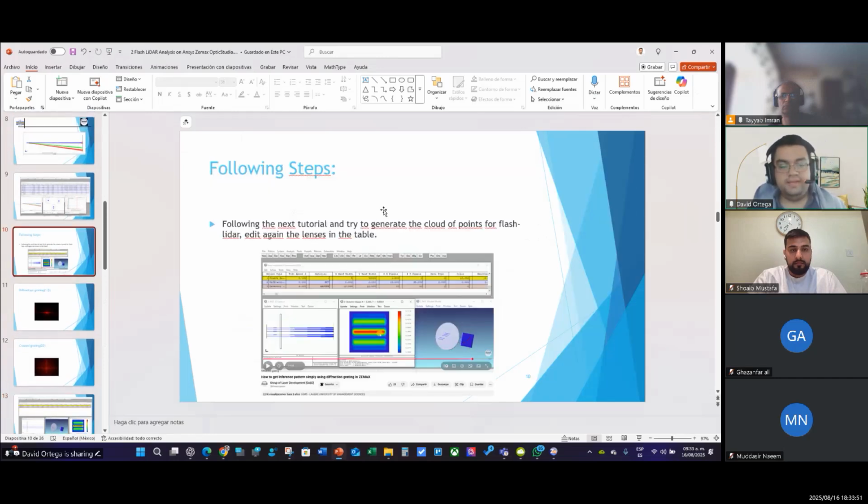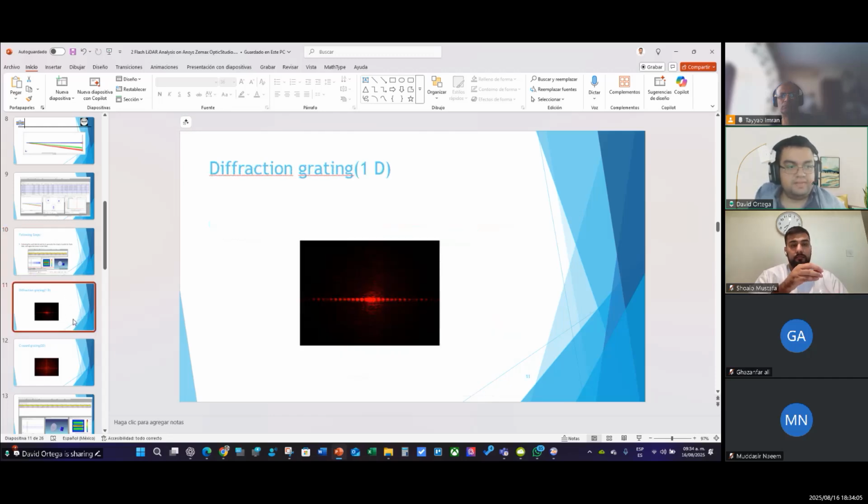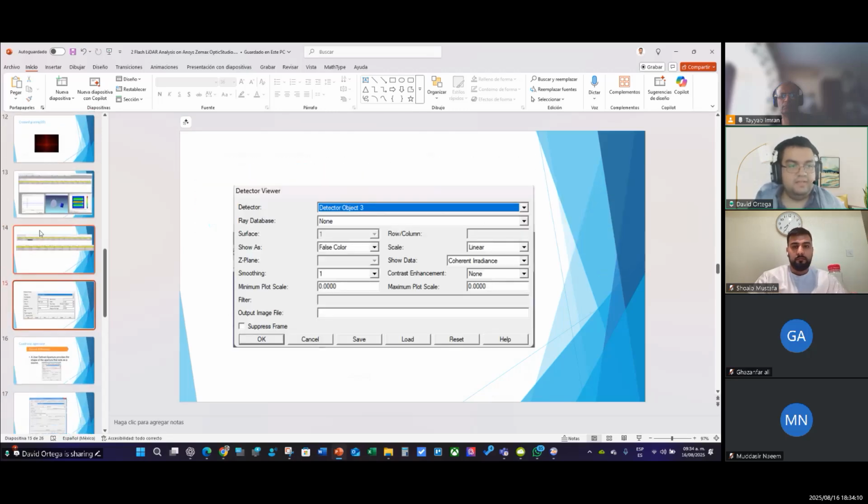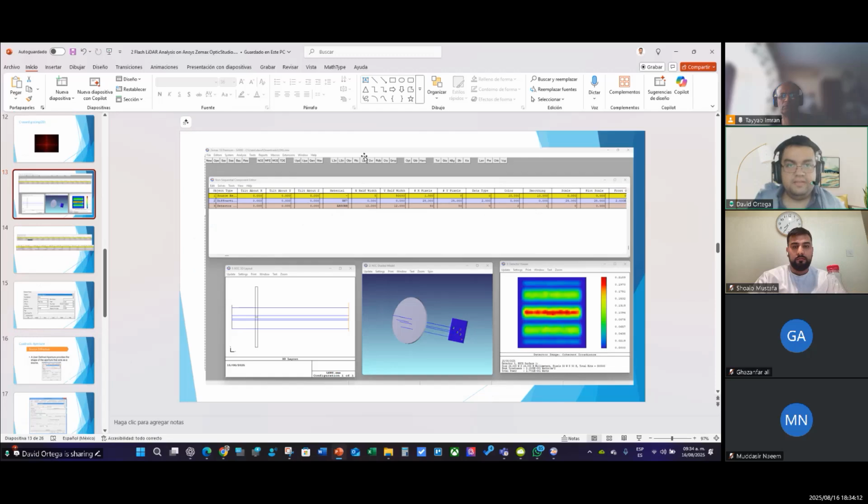Okay, in the last meeting, I said I was going to try to follow the tutorial about the diffraction grating in ZEMAX. I maybe try to get this pattern or this other pattern. So I followed the tutorial, and I was able to accomplish the results of the tutorial.